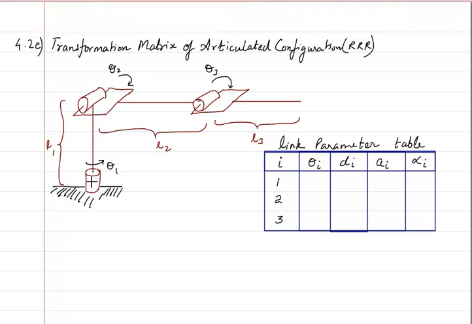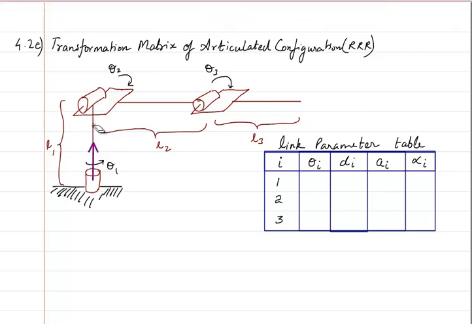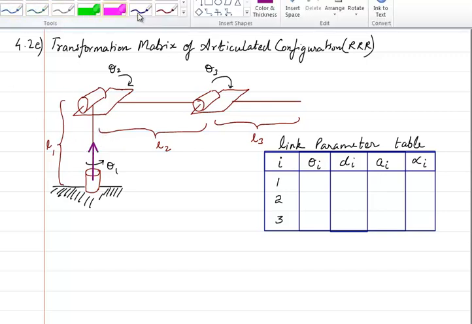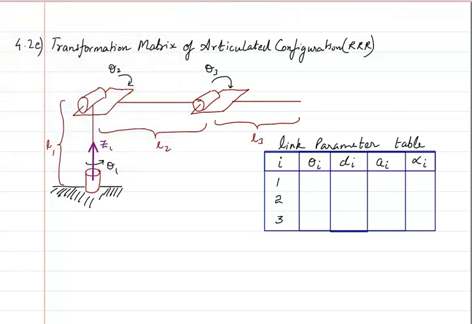For the first joint, it's going to be in this direction, because that is the direction of the axis in which it is rotating. So I can name it as Z0. Let me change the color. So here it will be Z0. This is the Z0 axis.